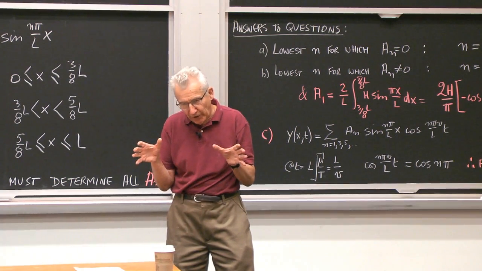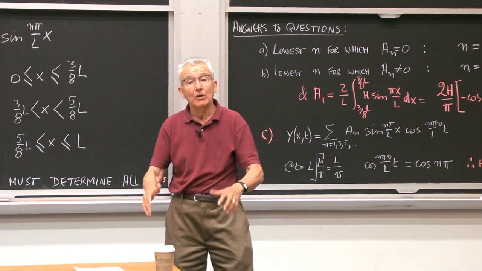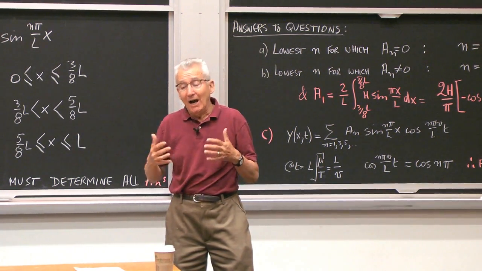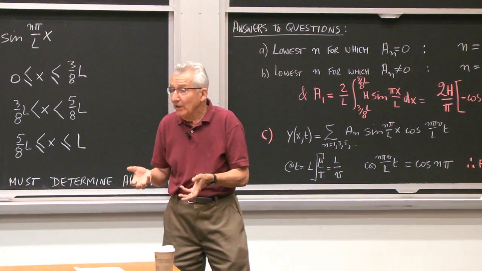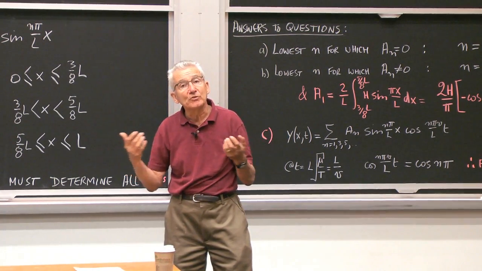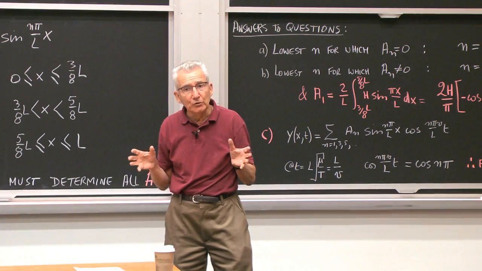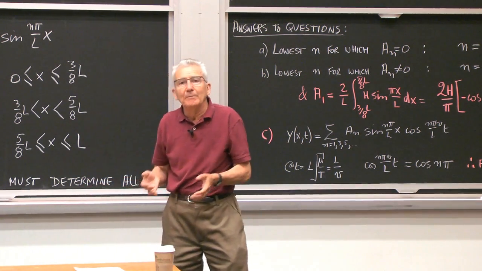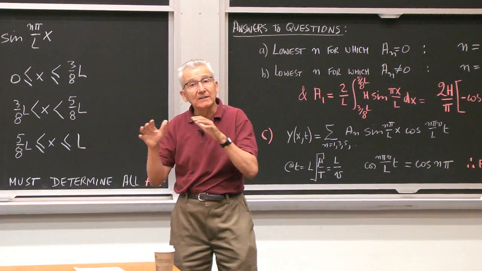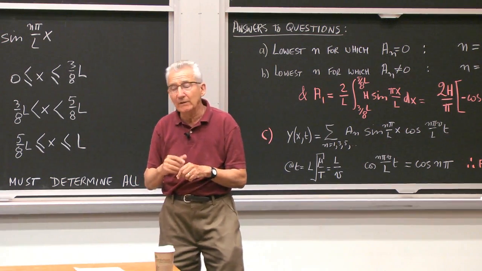When I have a string, I can always analyze it in terms of normal modes, but also we know that we can describe the solutions in terms of progressive waves. The two are equivalent to each other. It's not extra solutions, but by adding appropriately normal modes, I can get a superposition of progressive waves.